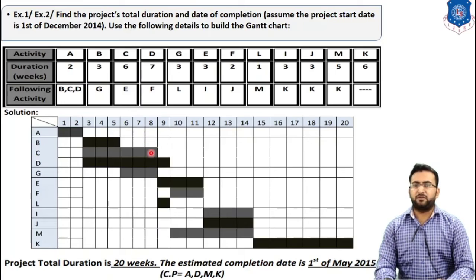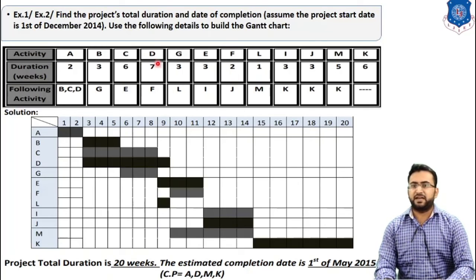After 8 weeks, we have to start activity E. So E starts after completion of C, and it is a 3-week activity. After completion of activity D, we have to start activity F. Activity F is for 2 weeks.